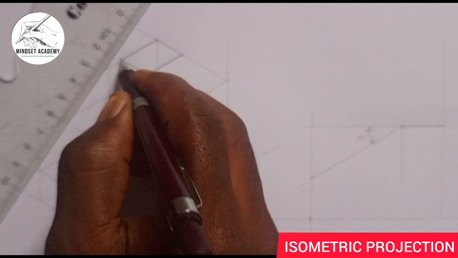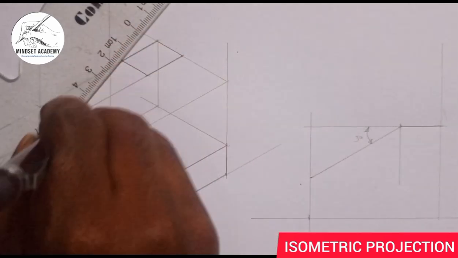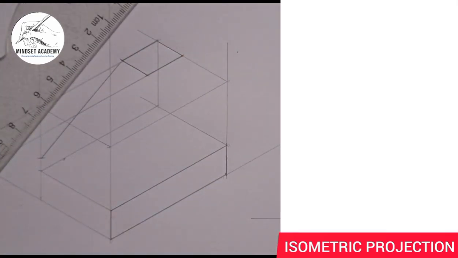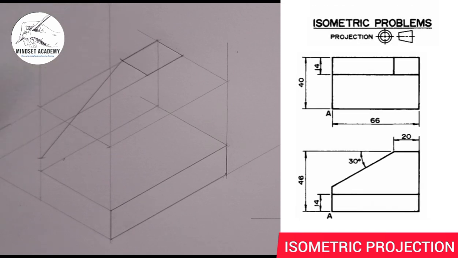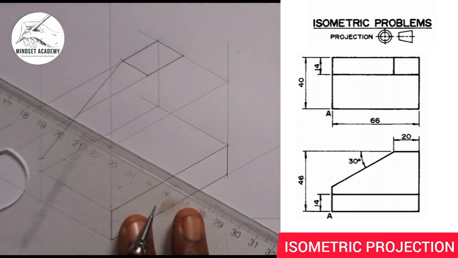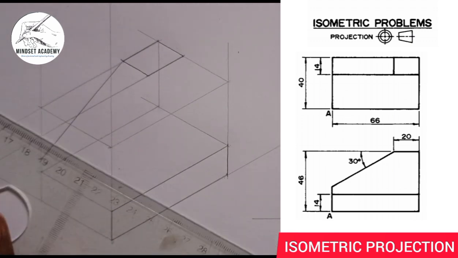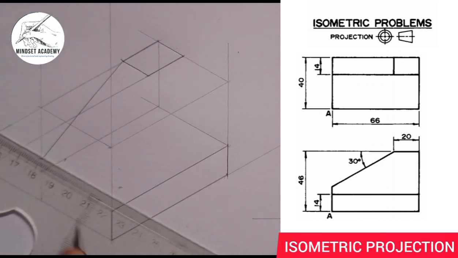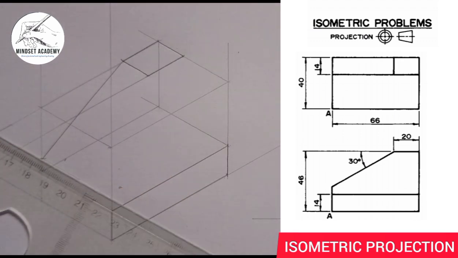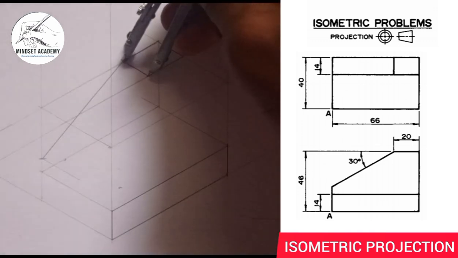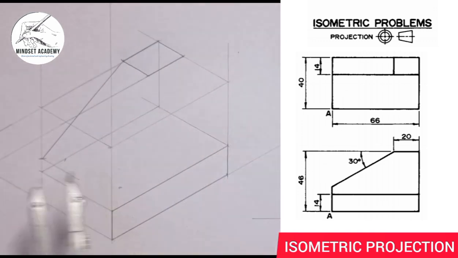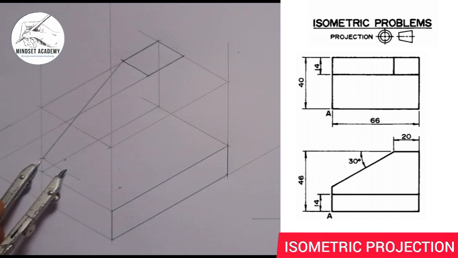Now connect from this point straight down to this point, right? So if I do the same thing here also, then once I've done that, I'll come here too. I'll draw a horizontal line at this point here. We should know that the distance from this point to this point is the same thing as from this point to this point.